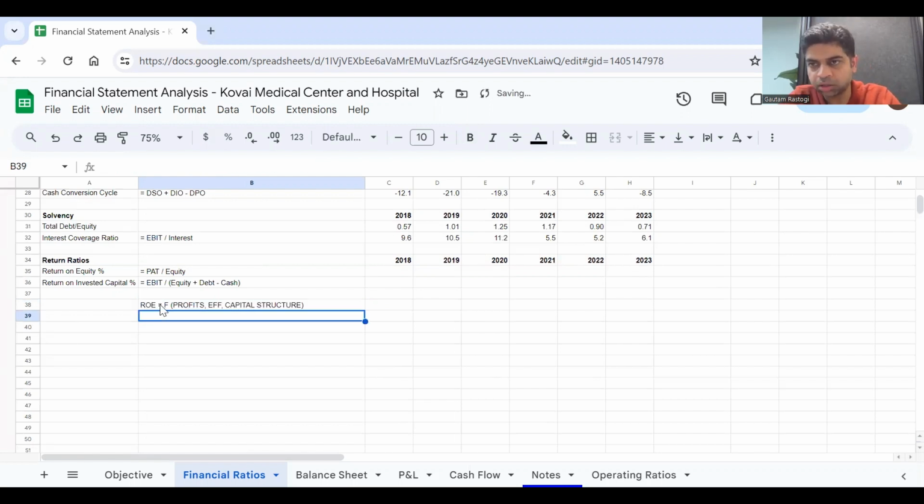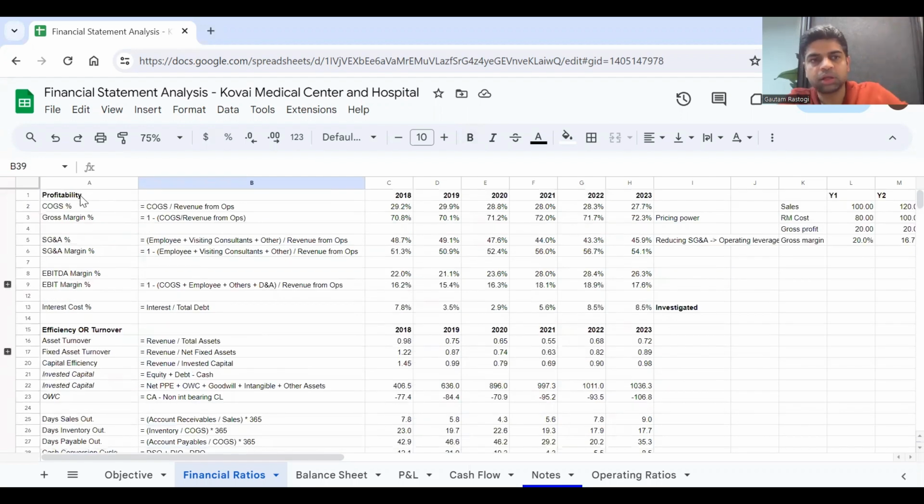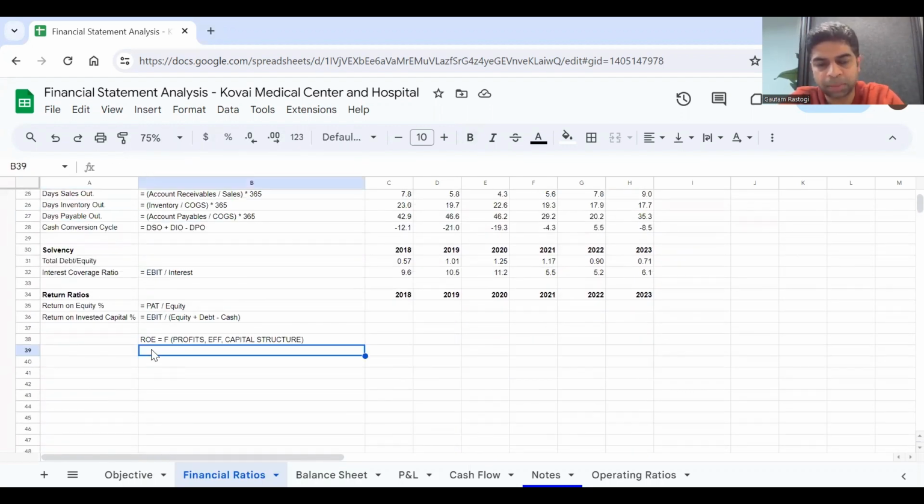So what the DuPont formula does is it defines the relationship that ROE has with all these three things that we discussed: profitability, efficiency, and capital structure.